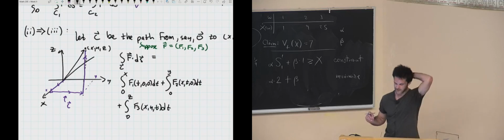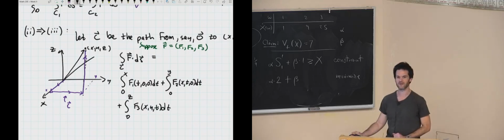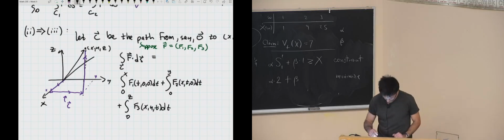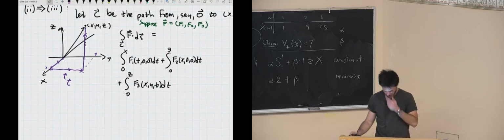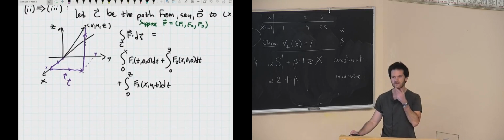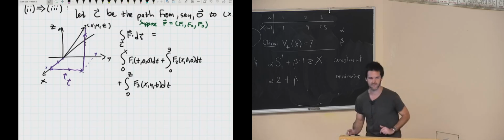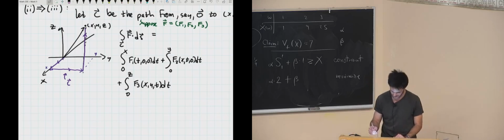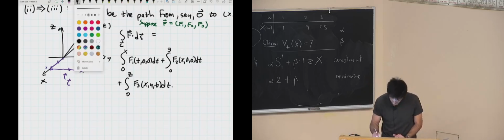So you can verify this if you want, but here's the cool part. Go ahead and take the gradient of this function, and by the fundamental theorem of calculus, you just get back to the vector field F, the vector field capital F. Right?